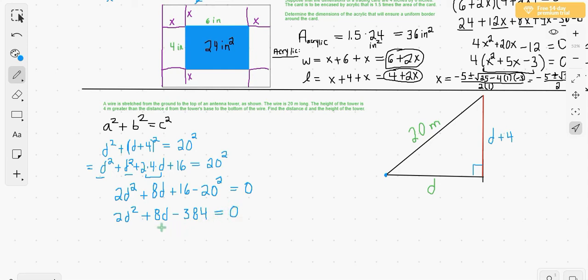Okay. Now, what's nice is notice that there's a common factor of 2, so we can factor that out. I can just divide both sides by 2, and that gives us d squared plus 4d minus, what's 384 divided by 2? What's that, 192?